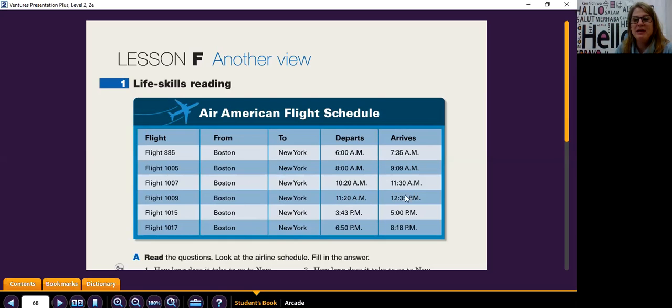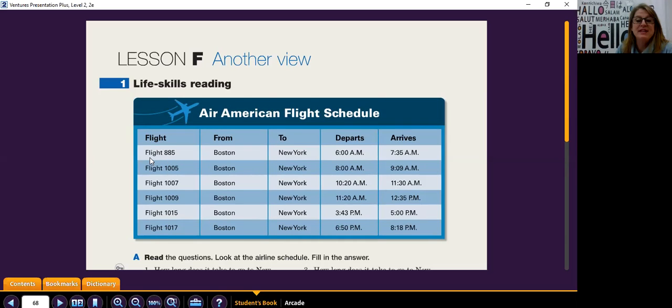Okay, so here we have AM, PM, morning, and afternoon. So how many flights depart or leave in the morning? There are 4 flights that leave in the morning.